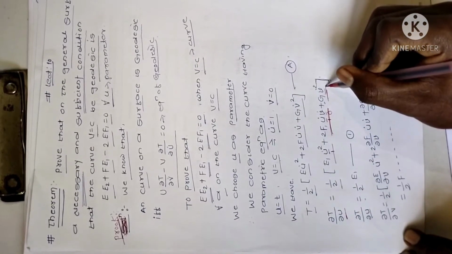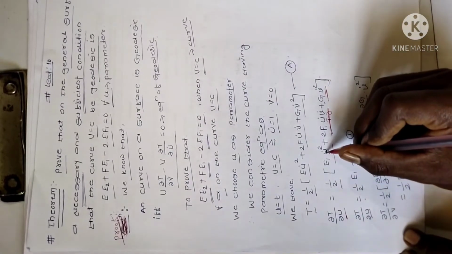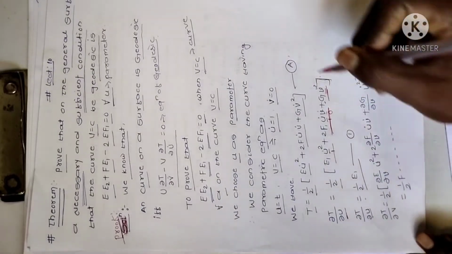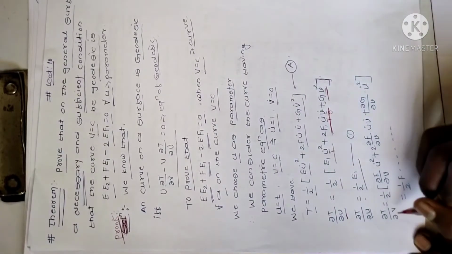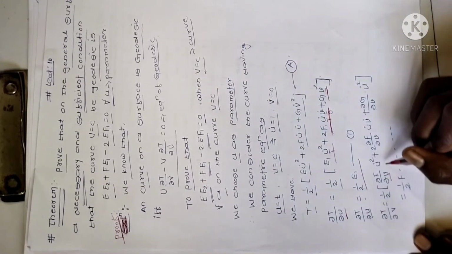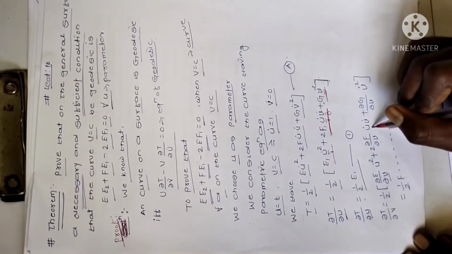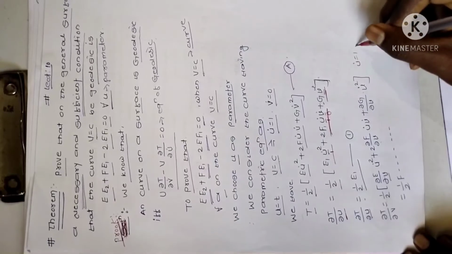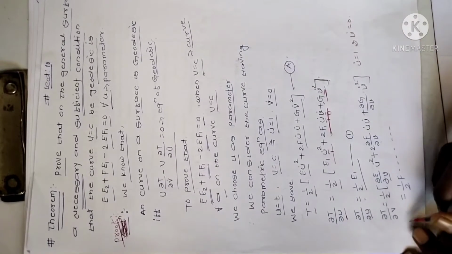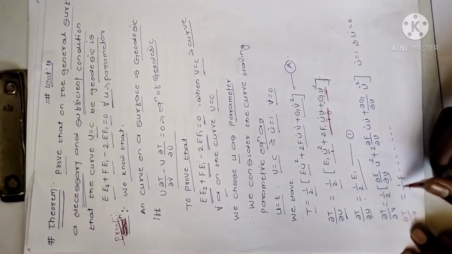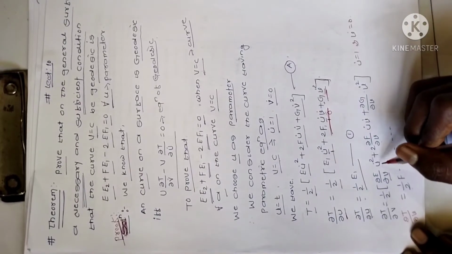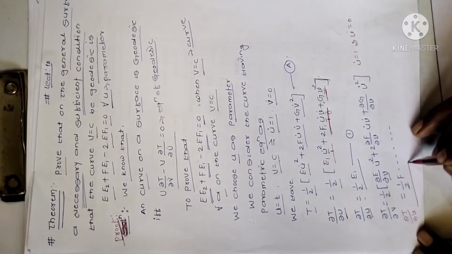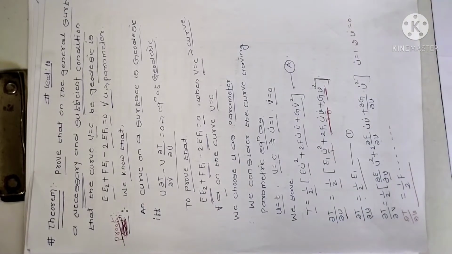This is equation 1. Similarly, differentiating equation A partially with respect to v, ∂T/∂v is equal to 1/2 (∂E/∂v u dot square plus 2 ∂F/∂v u dot v dot plus ∂G/∂v v dot square). Substituting u dot is 1 and v dot is 0, we get ∂T/∂v equal to 1/2 E2.